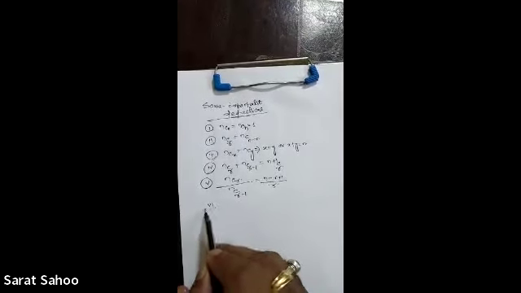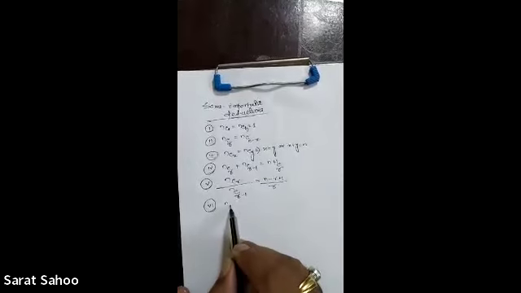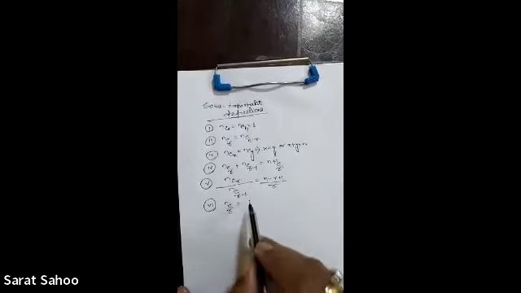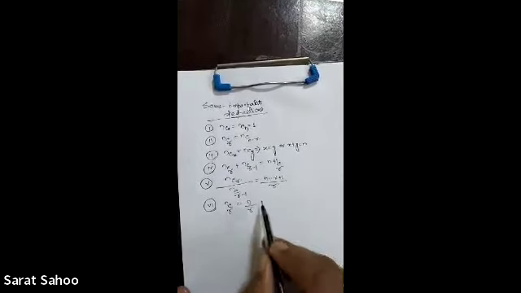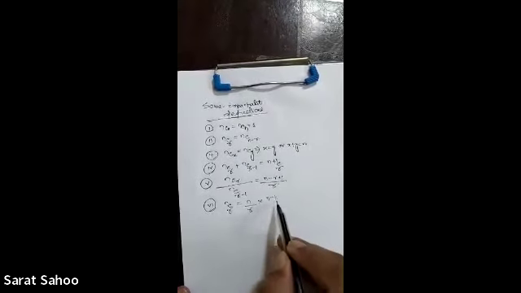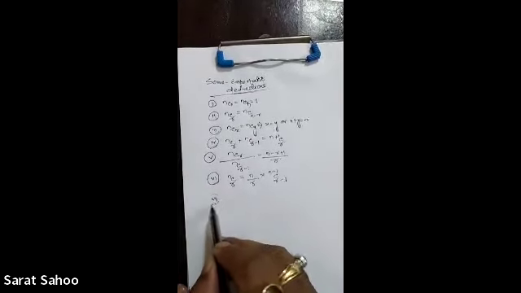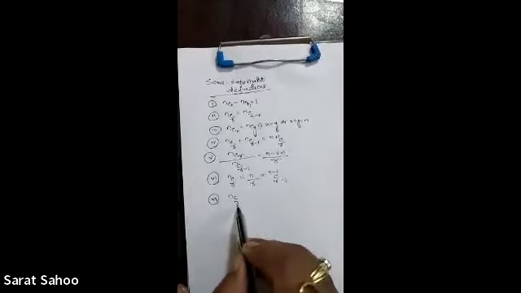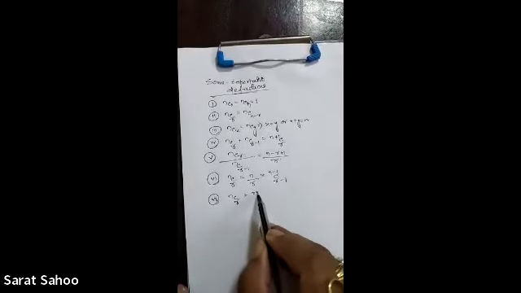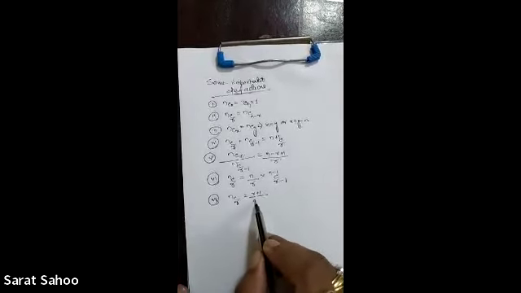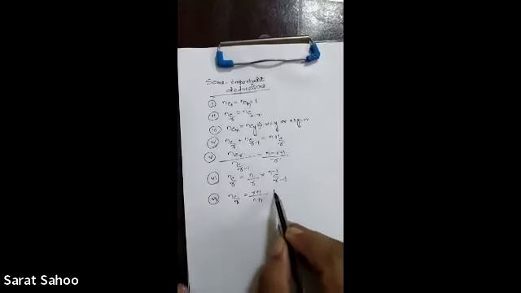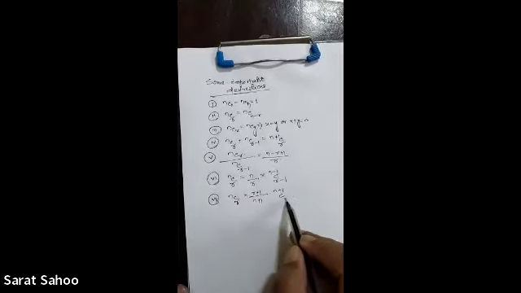Sixth, nCr equals n upon r into (n minus 1)C(r minus 1). Seventh, nCr equals (r plus 1) upon (n plus 1) into (n plus 1)C(r plus 1).